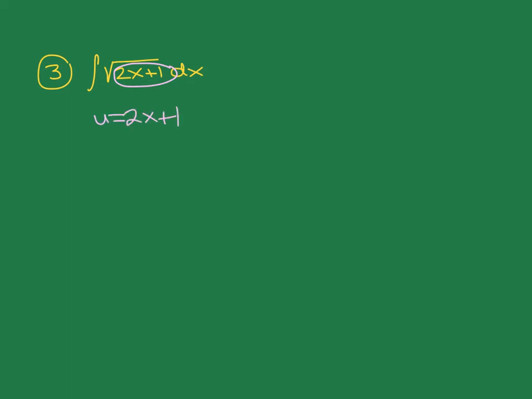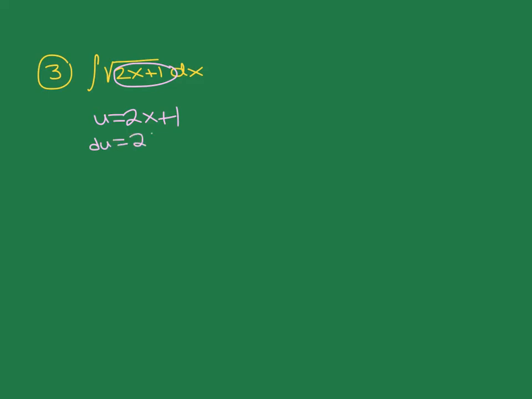I actually don't have a derivative or anything that's going to cancel out. However, if you have a constant, it's not going to affect the integral itself. It's just going to be there in the end. So now I'm going to take the derivative of this u.